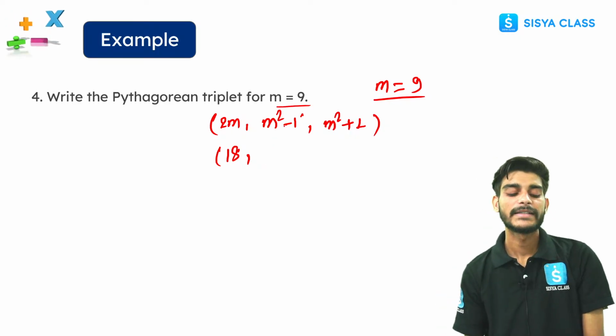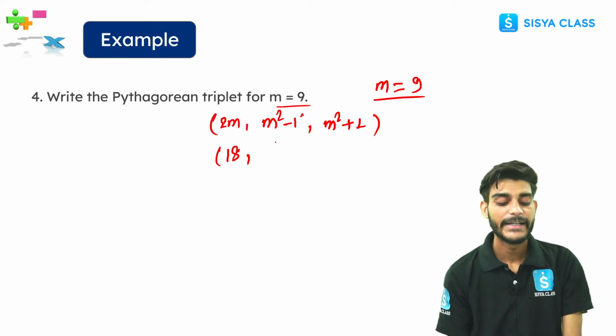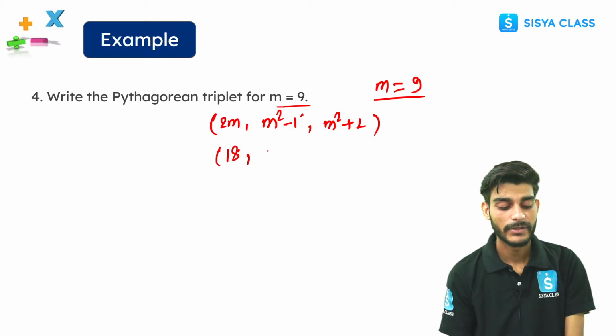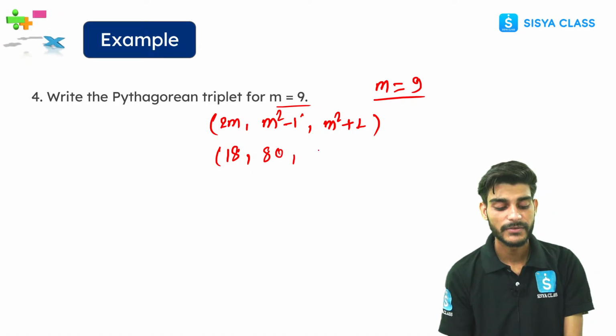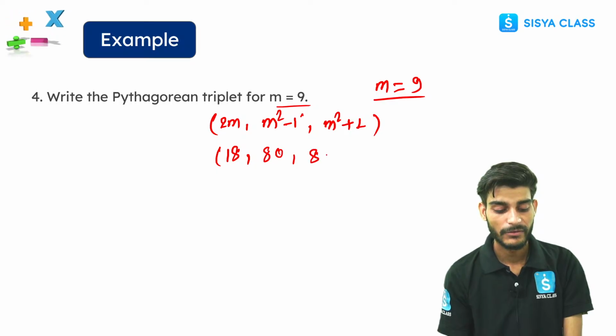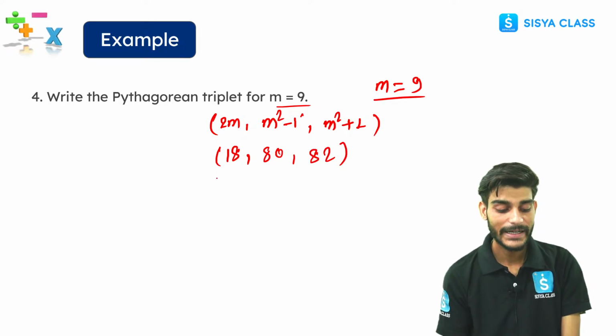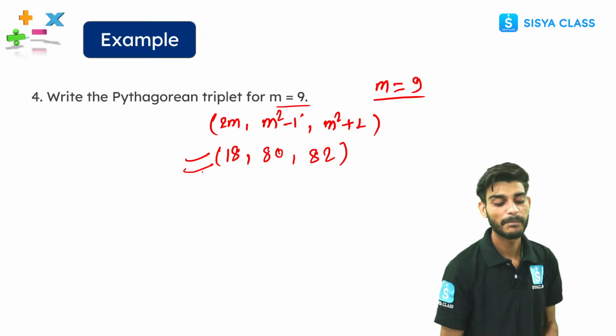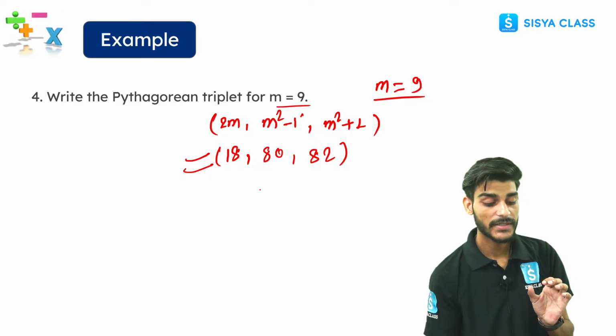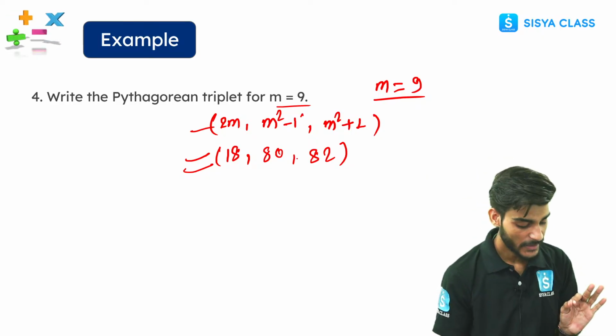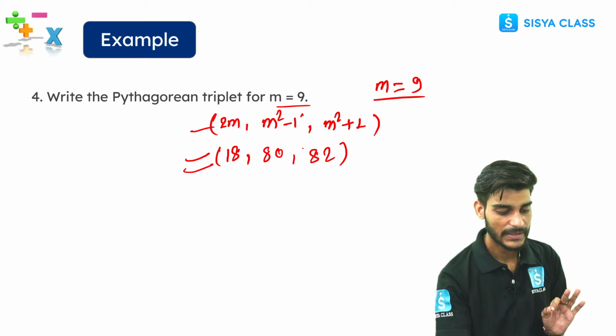If you put m as 9 here, m square minus 1, 81 minus 1, that is 80. m square plus 1, 81 plus 1, it is 82. So it will satisfy the Pythagoras theorem, and this will be the Pythagorean triplet. So you just need to remember 2m, m square minus 1, m square plus 1. I hope this is clear to you.